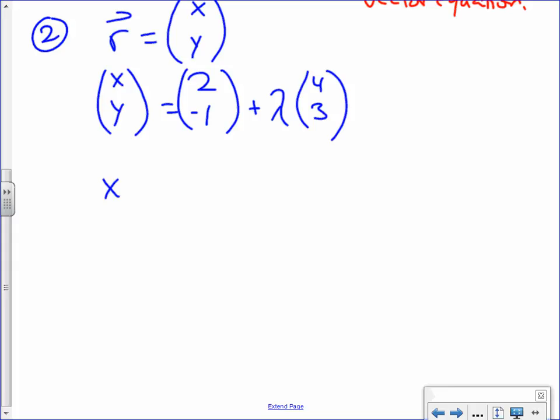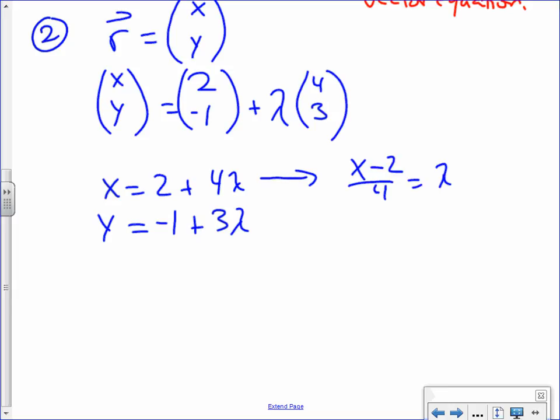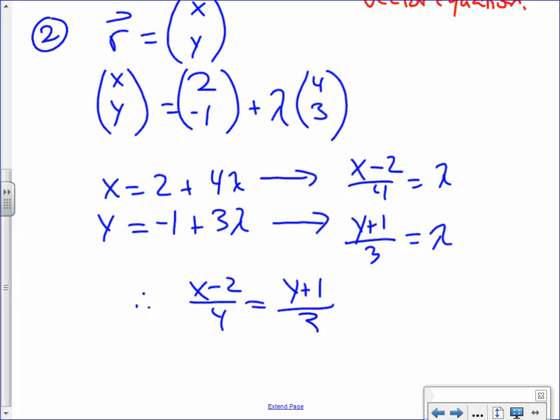So you got x equals 2 plus 4 lambda, and y is equal to -1 plus 3 lambda. Solving for lambda, you'd have x minus 2 over 4 equals lambda, and y plus 1 over 3 equals lambda. So would you agree that x minus 2 over 4 is equal to y plus 1 over 3?